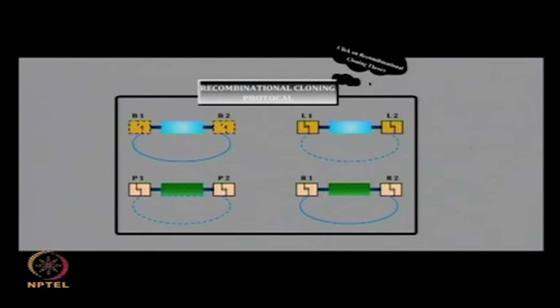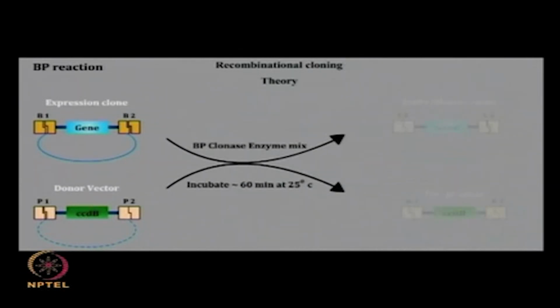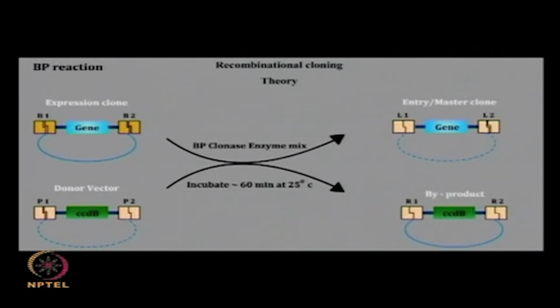Let us now talk about recombinational cloning. Recombinational cloning involves two reactions, the BP reaction and the LR reaction. The BP reaction of Gateway cloning is a site-specific recombination reaction between the attB site of an expression clone or a PCR product and the attP site of a donor vector in the presence of BP Clonase enzyme mix.